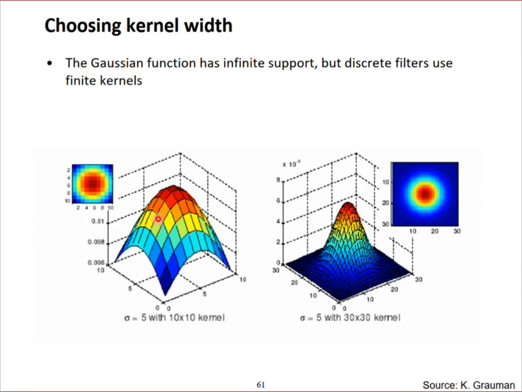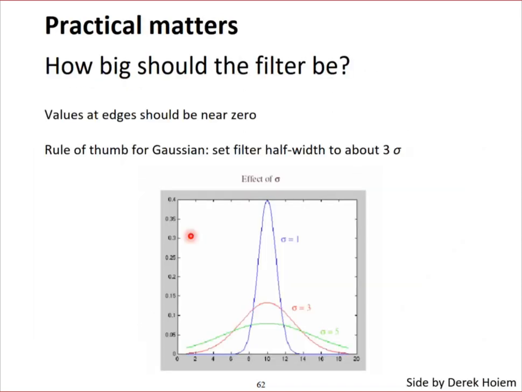So what should be the window size for the Gaussian kernel? Usually we use a rule of thumb: the window size will be 3 times the kernel width.